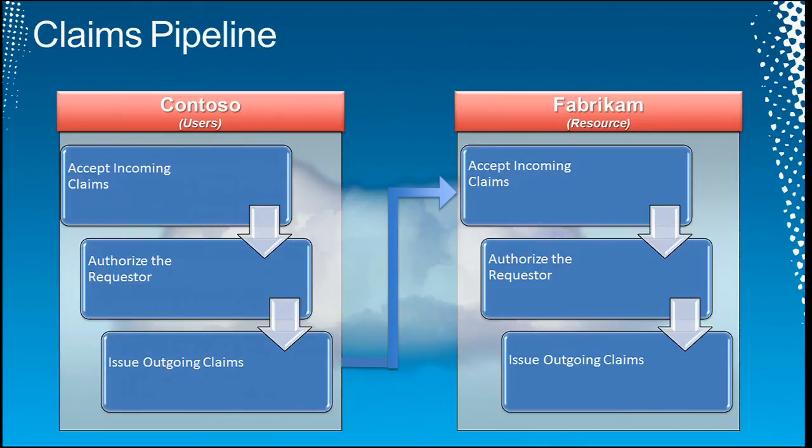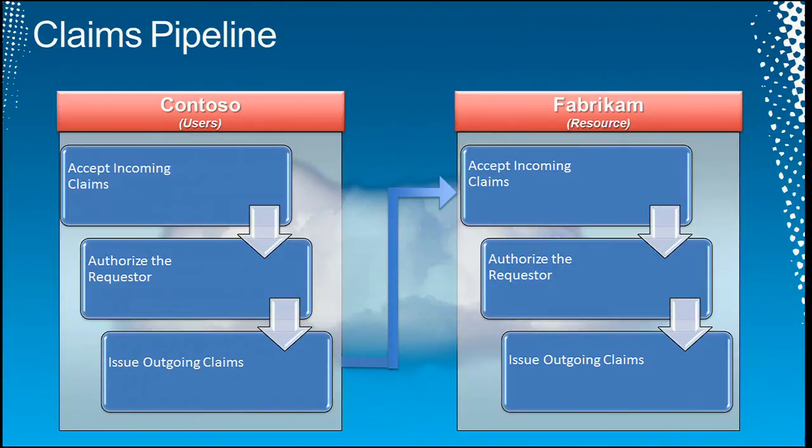So when we are outputting claims from an individual ADFS server, the claims pipeline turns into a three-step process. The first thing we do is we accept incoming claims from wherever those claims came from. Could be the claims that came from Active Directory, because this is the user's home STS and this is where the user's been authenticated. Or we could be operating in the federation provider role, and these are the claims that have come from an upstream identity provider.